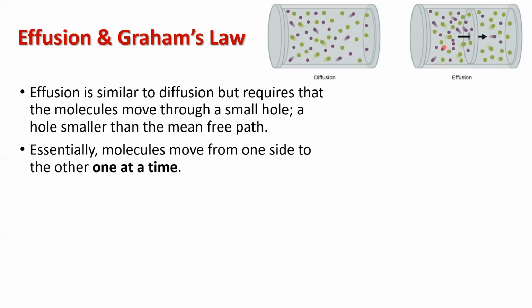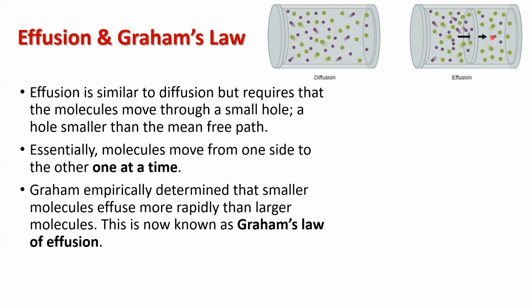They could be moving from the left to the right, or from the right to the left, and eventually they'd be evenly distributed on both sides of that barrier. And that's what we deal with when we talk about Graham's law. He empirically determined that smaller molecules effuse faster than larger molecules.